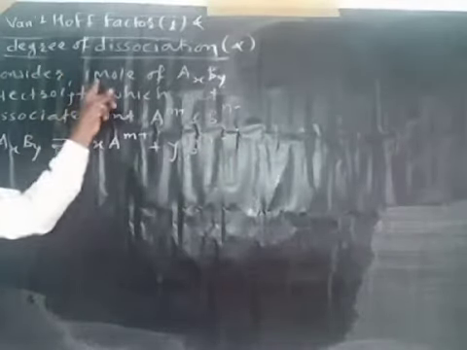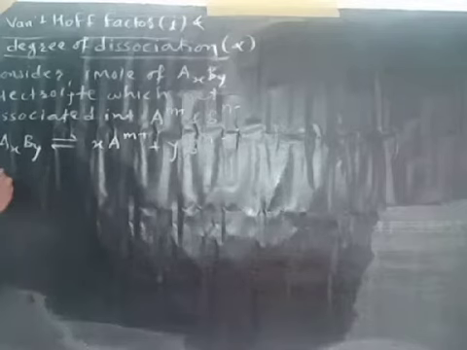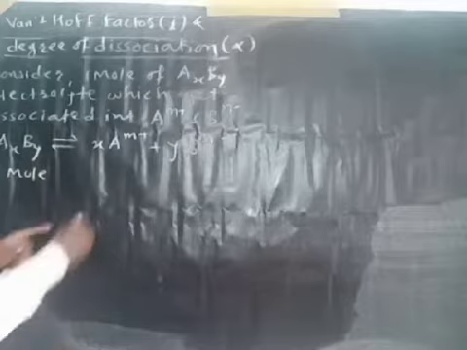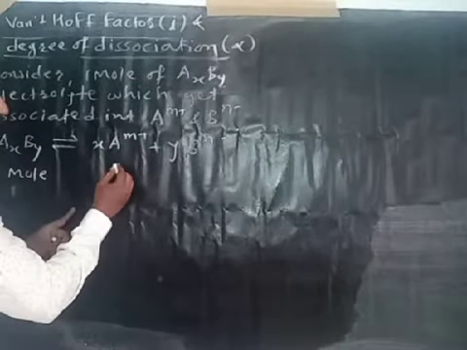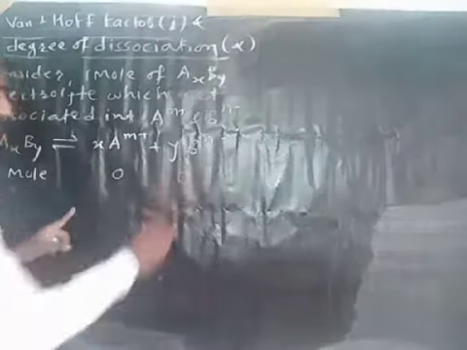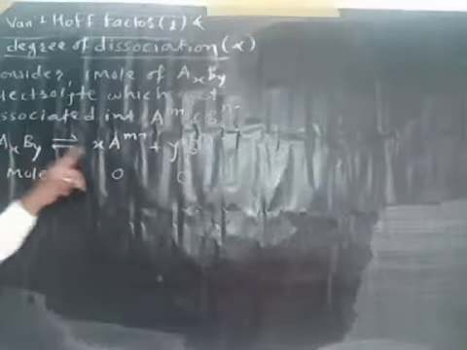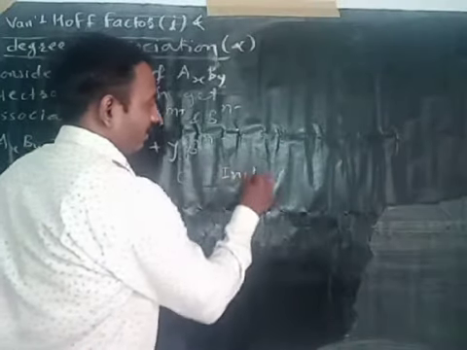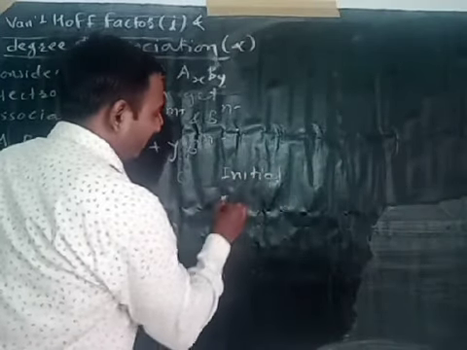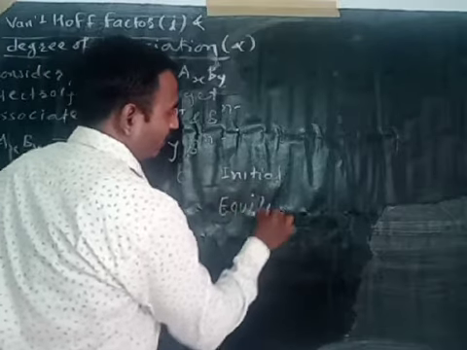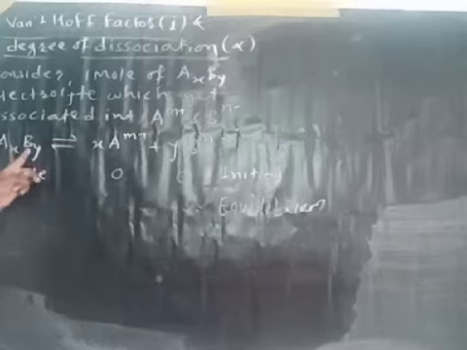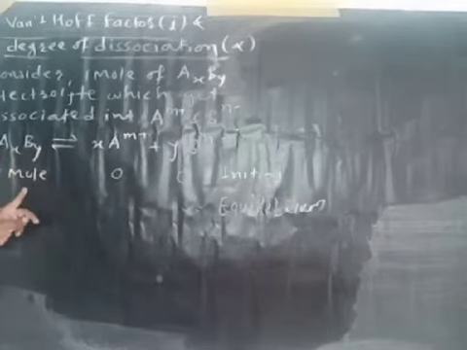Here we are going to consider 1 mole of the substance. That's why initially the A x B y electrolyte has a value of 1 mole, but the A m+ and B n- ions will be 0. That is the concentration of the particular particles at the initial stage. But at equilibrium, what happens? Some portion of the A x B y electrolyte out of 1 mole will get dissociated.